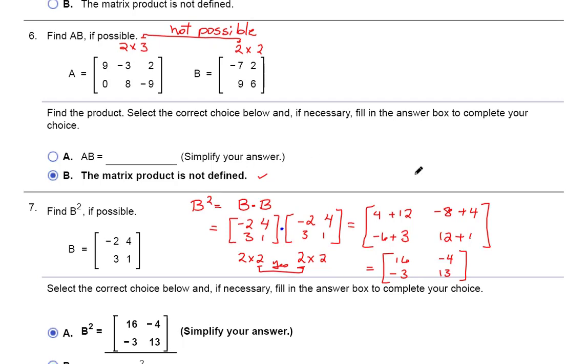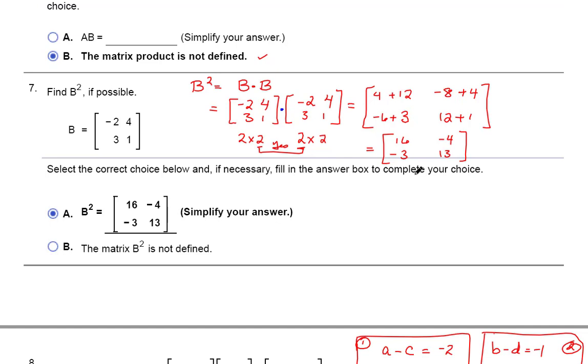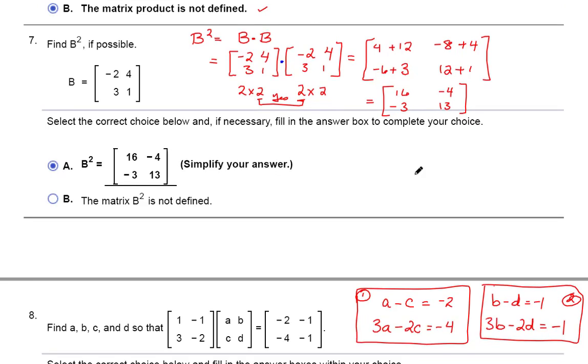How would I do question 7, B squared? Well, let's see. That's going to be B times B. Is it possible? 2 by 2, 2 by 2. Inside numbers match. And so the answer will be 2 by 2. So remember, how did we get the positions?